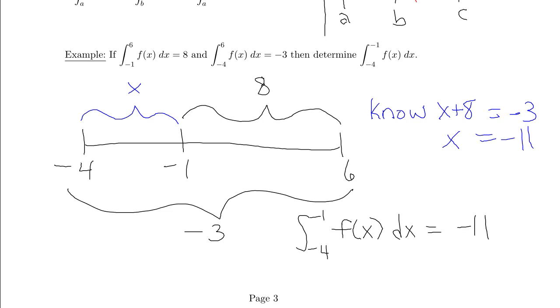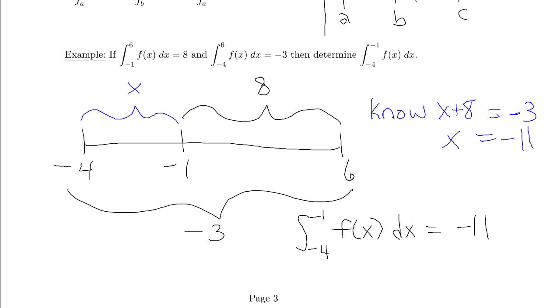So I'm using this idea that I can break up the integral. So that comes from property 5 that we just saw above. So the idea that you can break up an integral from -4 to 6 into two pieces, the integral from -4 to -1 and the integral from -1 to 6. Okay, and I find that this is the best way to do it, is using a number line.